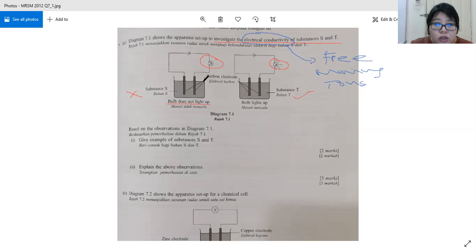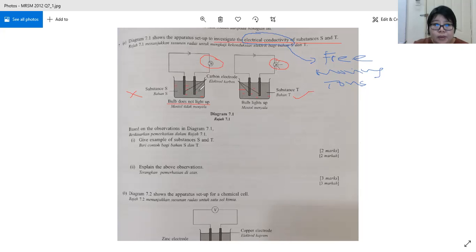Okay, now, did you see this to be a solution? To be a liquid? This is a liquid. Okay, can you see this part? A liquid. Therefore, based on the observation, when you give examples of substance S and T, the substance that you are giving should be in liquid state.